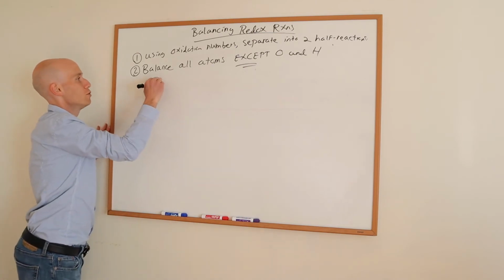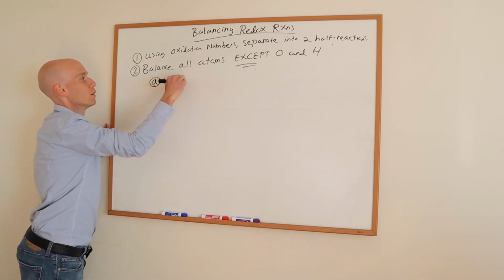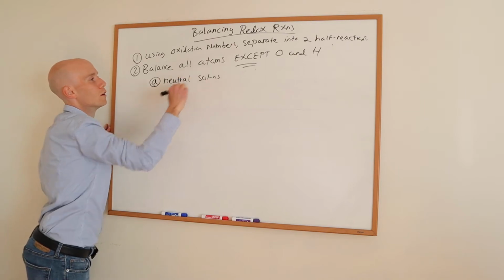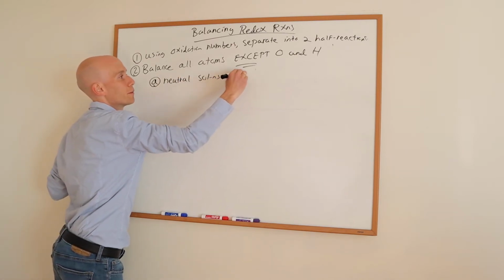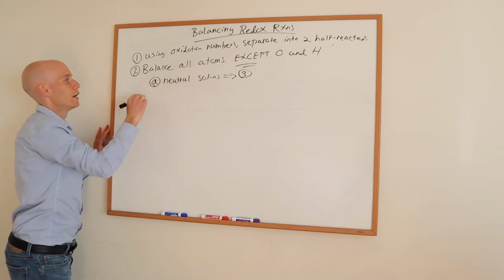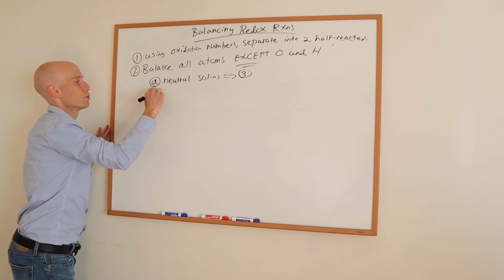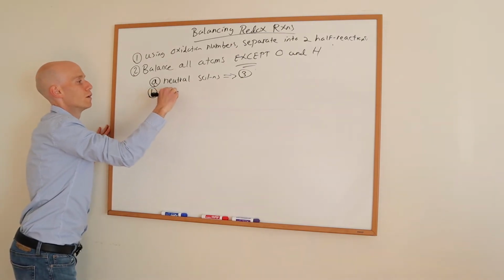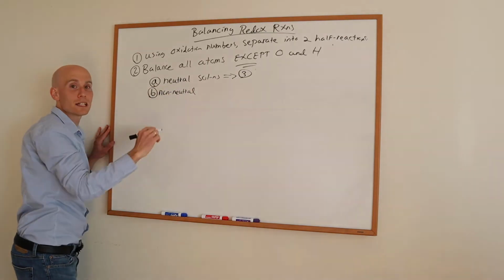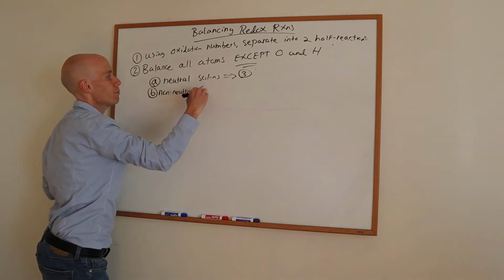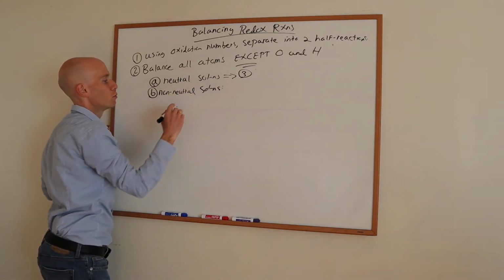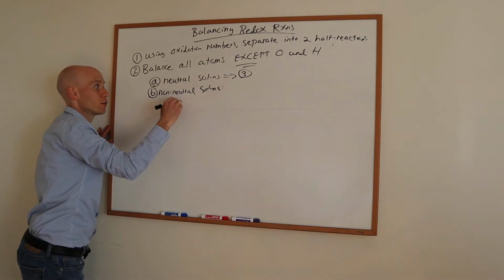So if you have neutral solutions, you can go ahead and skip to step 3. Okay? If you have non-neutral solutions, so whether it's acidic or basic, doesn't really matter, you need to do the following 2 things.